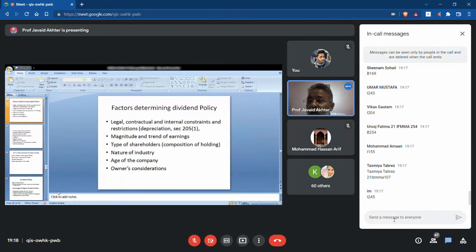At times when a company issues shares, the board passes a resolution that this much dividend is to be paid or not to be paid, or there has been a contract that is signed between the two. So if there are contractual obligations, before paying dividend, those contractual obligations are to be honored.